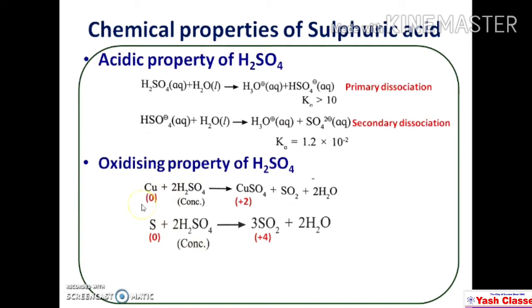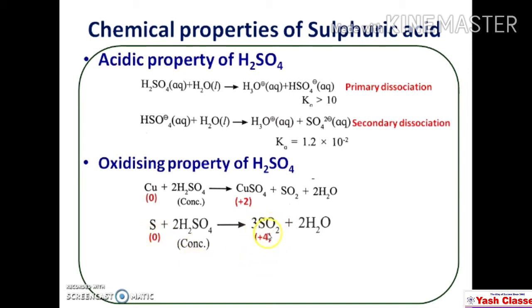Not only does it oxidize the metals, but it also oxidizes non-metals as well. So when sulfuric acid comes in contact with sulfur, there is an oxidation of sulfur into sulfur dioxide. Here the oxidation state of pure sulfur is 0, and in SO2 the oxidation state is plus 4.